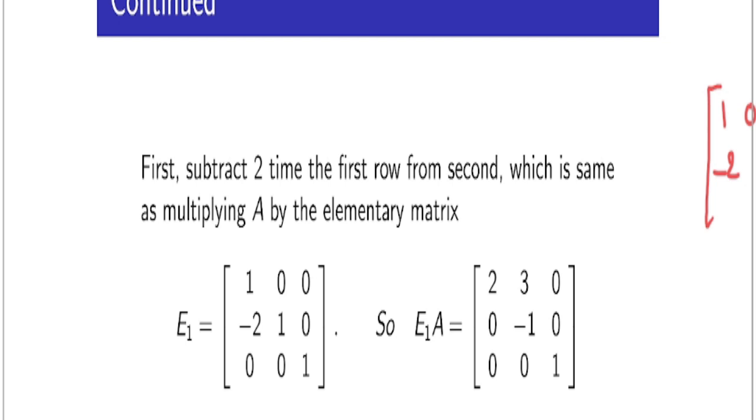We get 1 0 0, minus 2 1 0, and the last row 0 0 1. So E1 into A is equal to [2 3 0; 0 -1 0; 0 0 1].